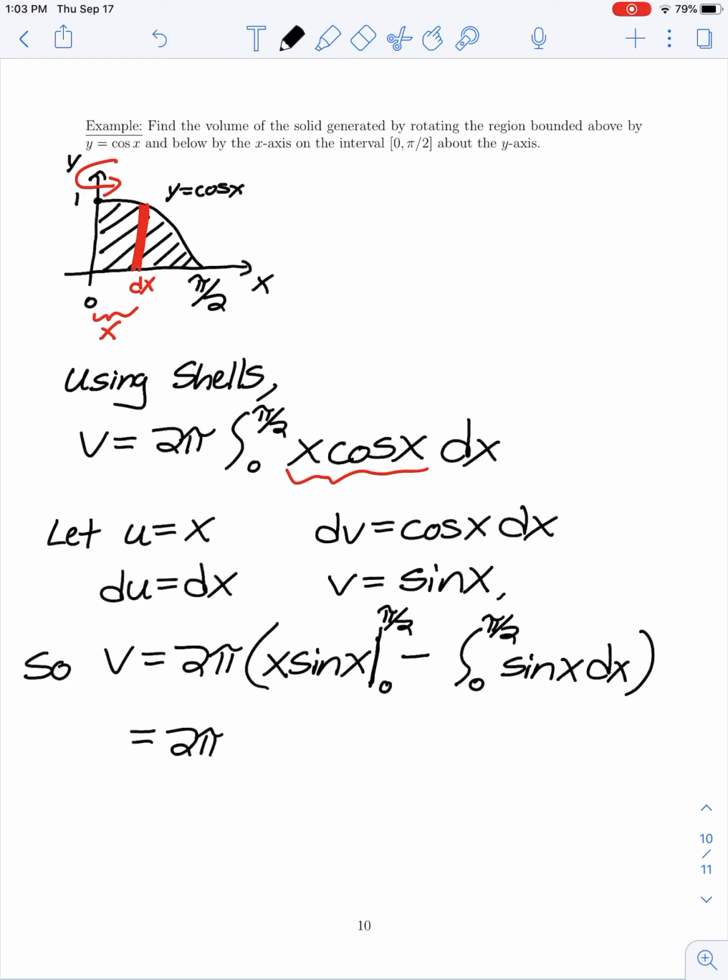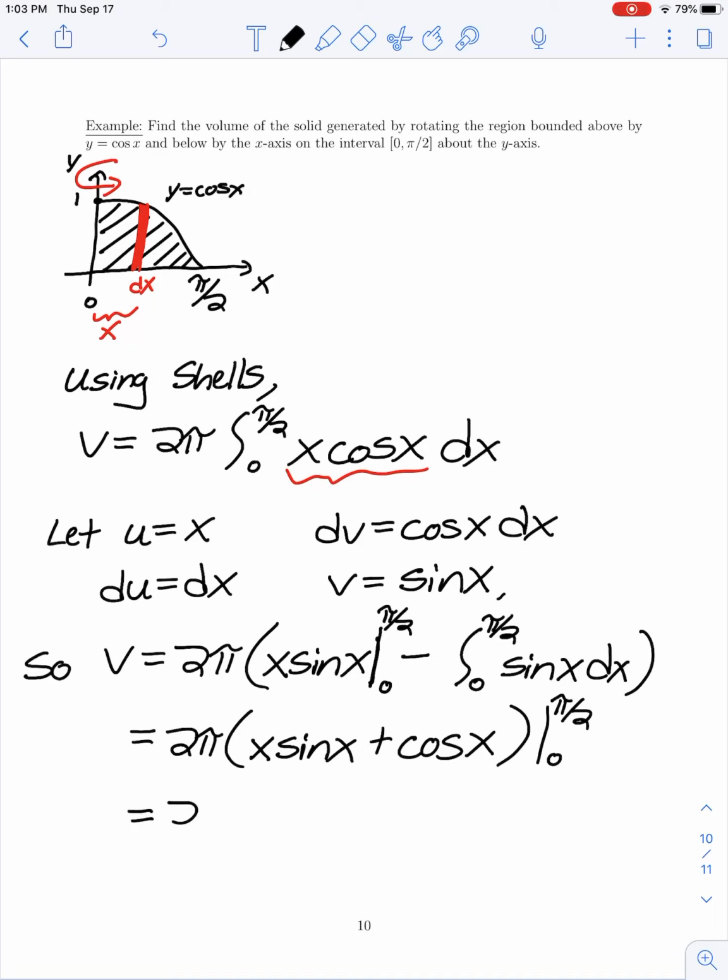Continuing, we have 2 pi times, well, we had an x sine x, and then minus the antiderivative of sine x is negative cosine x. But since we're subtracting that quantity, we have a plus cosine x. And this antiderivative is being evaluated from 0 to pi over 2.